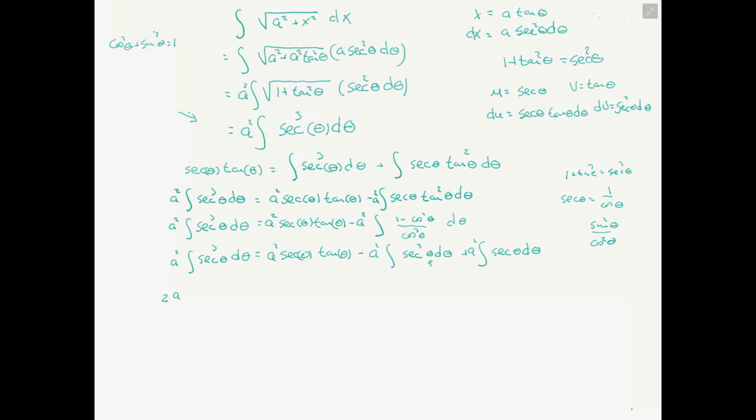So we have 2 a squared secant to the third theta d theta equals a squared secant theta times tangent theta plus a squared secant theta d theta.